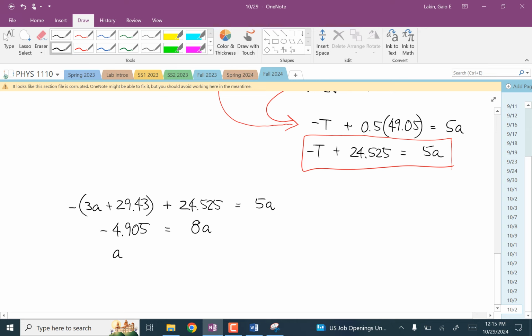And so a is equal to negative 0.613 meters per second squared.